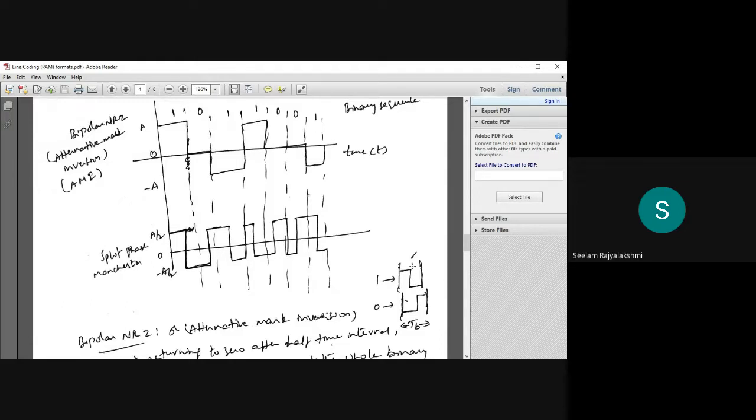So let us consider the data 1 0 1 1 0 0 1. For 1 I will use this symbol, and for 0 I will use this symbol.